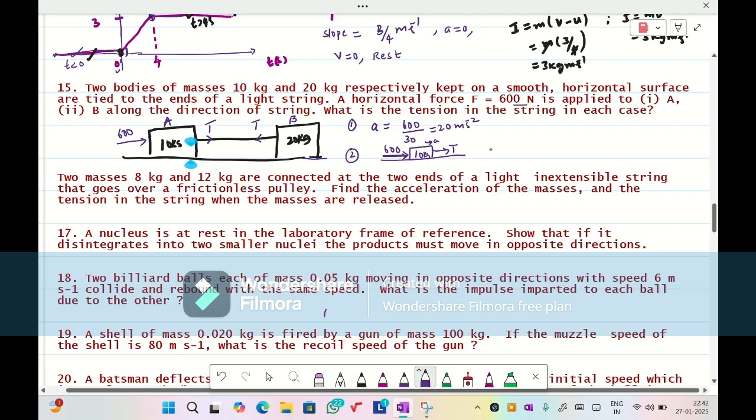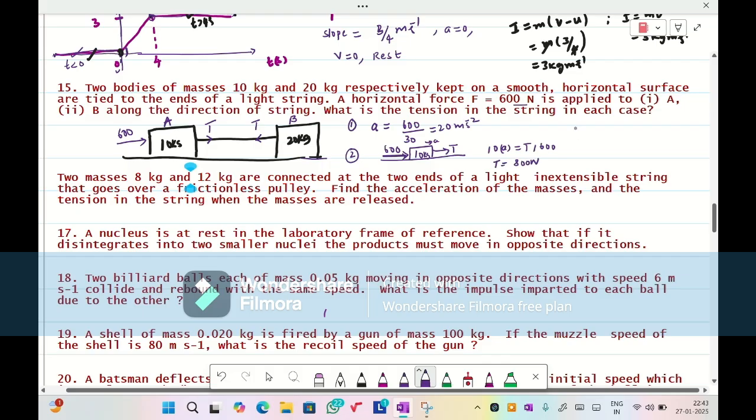Therefore 10 into A, the net force, is equal to T plus 600. So T is equal to 10A as the net force, so T minus 600 here, that gives T equal to 800 Newtons.